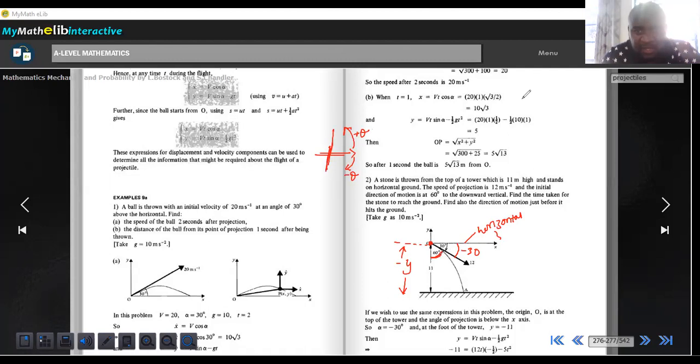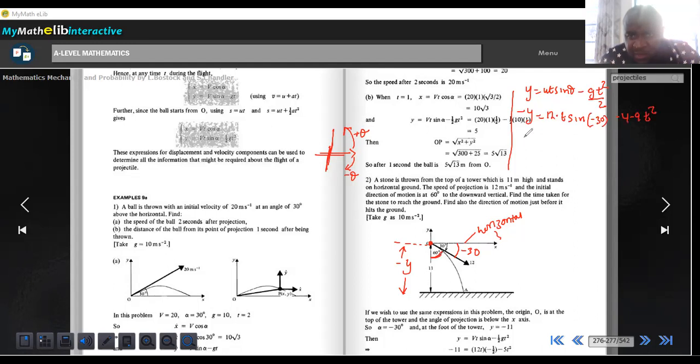So if I look at this solution from up here, starting up here, you will have y is equal to ut sine theta minus gt squared over 2. But because I've said it's going below the point of projection, y is negative. The speed of projection is 12 times the time you don't know, times sine of the angle below the horizontal, which is negative 30, minus 4.9 t squared.